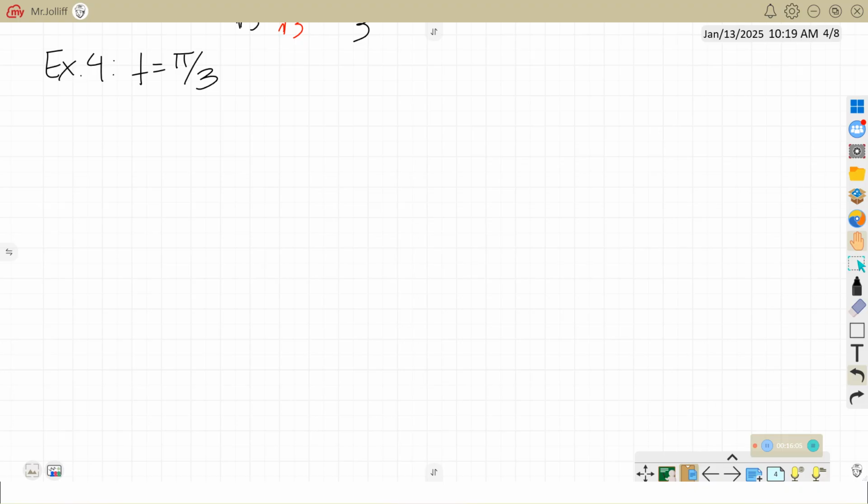So reverse those. So tangent would be that on top. That's perfect. You got it.